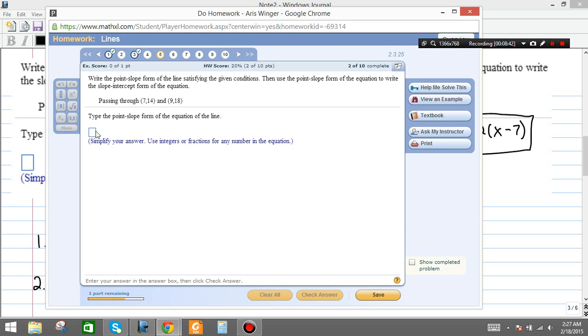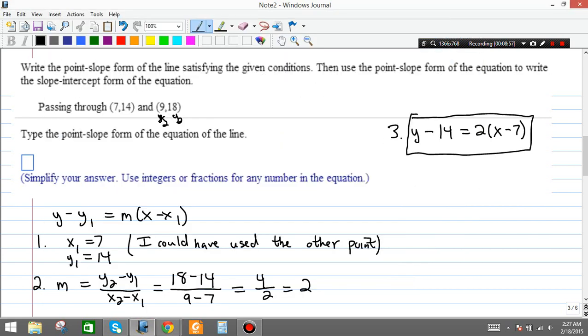We'll put that in. y minus 14 equals 2 times x minus 7. If we enter that in correctly, we have. And now to put it in slope-intercept form, we solve for y. So y minus 14 equals, distribute the 2, 2x minus 2 times 7 is 14.